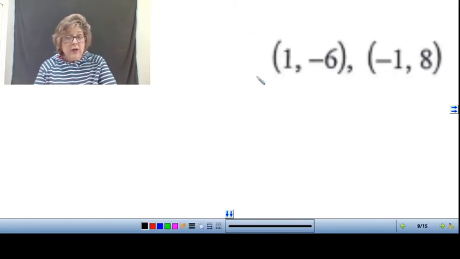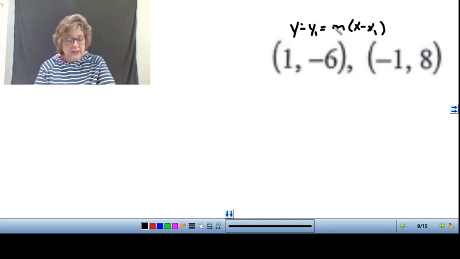Okay, now I have 2 points. So the first thing when I do the equation of a line, I need slope and I need a point, because that's what the formula says when I'm solving it: y minus y1 equals slope times x minus x1. It tells me I need 1 point and I need slope. So I'm going to find slope first.